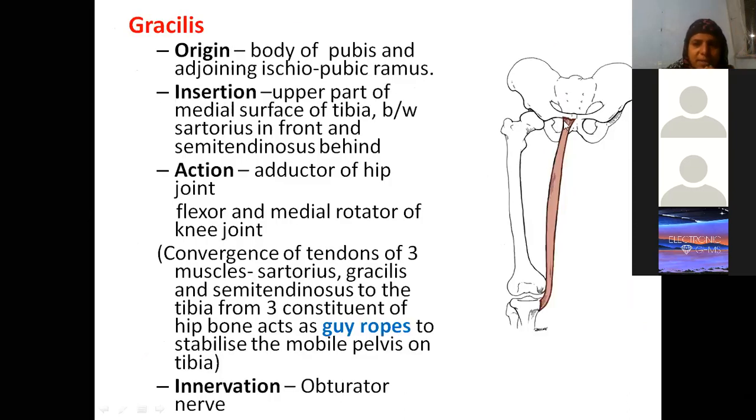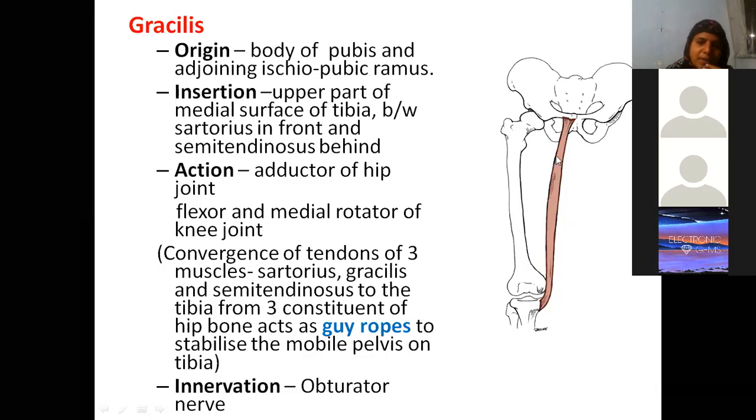Now gracilis. So gracilis origin is from the body of pubis and adjoining ischiopubic ramus. Insertion, you remember gyropes, I guess, right? Yes, beta. Sartorius, gracilis and semitendinosus. These are the 3 muscles which are getting inserted in the upper part of the shaft of the tibia.